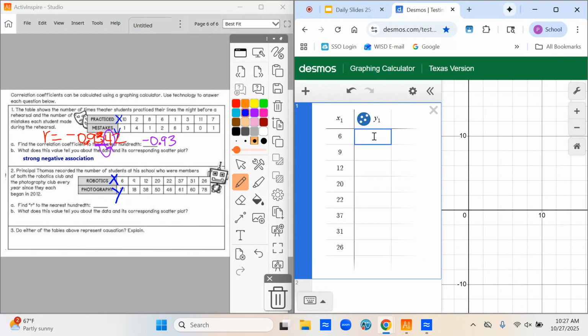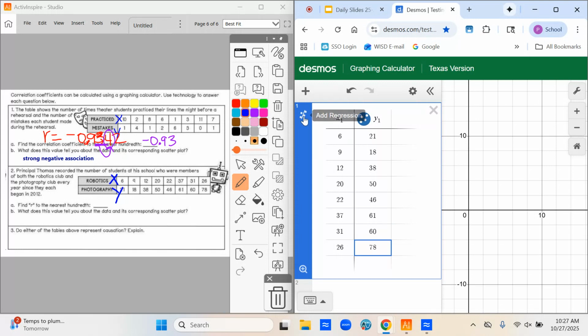And then my Y values, 21, 18, 38, 50, 46, 61, 60, 78.